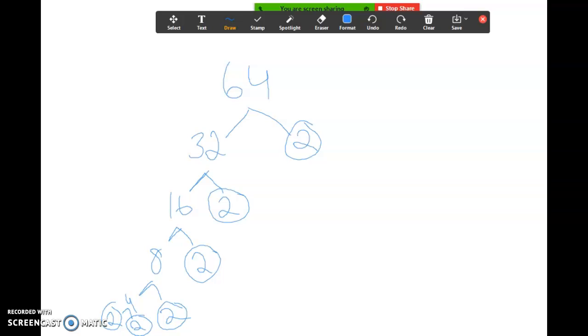Maybe, because at the very bottom it is 2 and 2, and there's 2, so maybe 2 to the power 6. Very good. Nice work. So which is the same as this. 4, 5, 6. Nice. Cool.